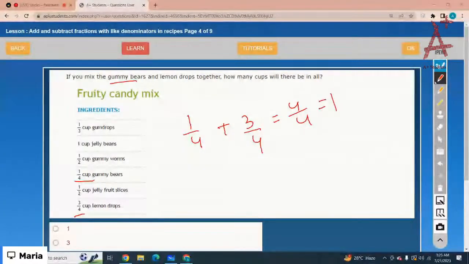That means together they make a cup of gummy bears and lemon drops.